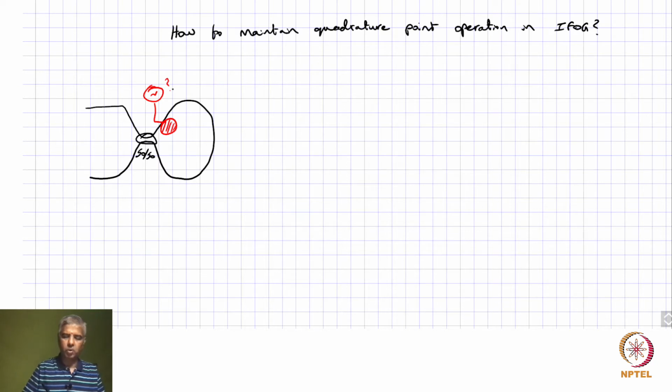But the question is, what is the waveform that you would apply over here? What is the frequency? What is the amplitude of that waveform that you would apply to this PZT, so that you can maintain quadrature point operation? That is what we want to look into in a little more detail.